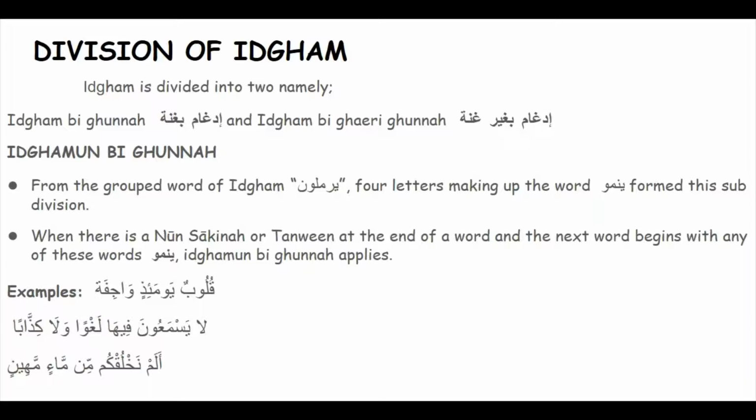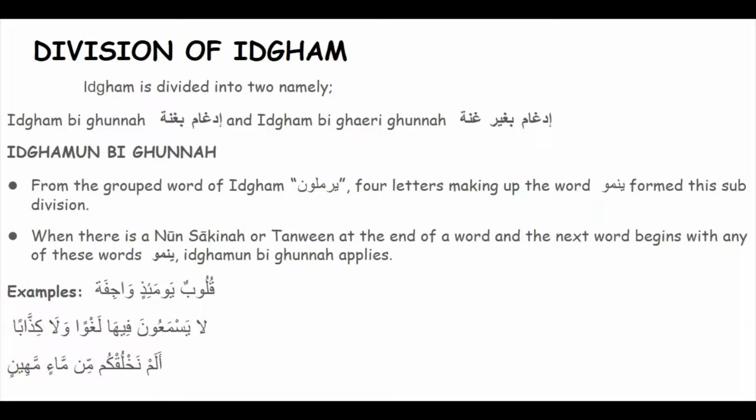We then deduce four letters forming the word yanmu, that is ya, nun, mim, waw. This implies that whenever nun sakina or tanween is at the end of a word, and the next word begins with any of these letters from yanmu, then idghamun bighunna applies.